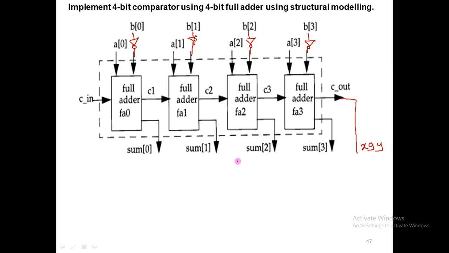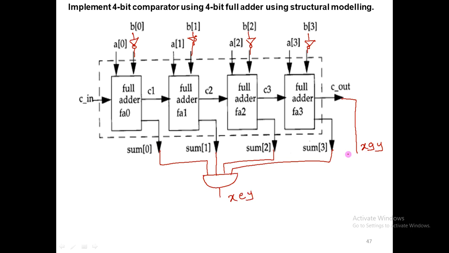Now next is case 3, that is equal to. When x is equal to y, all the sum expressions are equal to 1. So I'll take all these and check whether all of them are equal to 1 or not. To analyze that, I'll take all these and put an AND gate. And this is x equal to y.